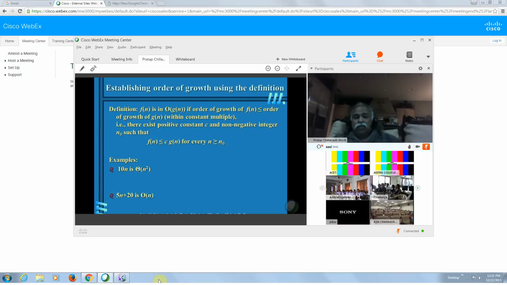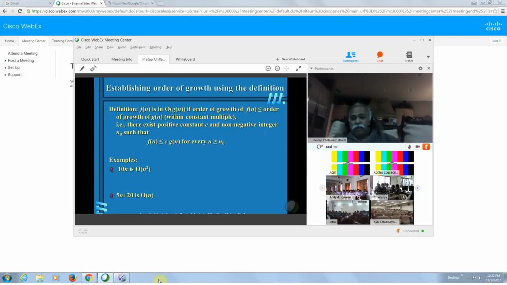So how did he come up with 10n is of the order of n squared? Can somebody explain this particular example? 10n is of the order of n squared. Faculty members are welcome to explain that. It's not intuitive, right? Chakravarti garu, you want to take a stab at it?